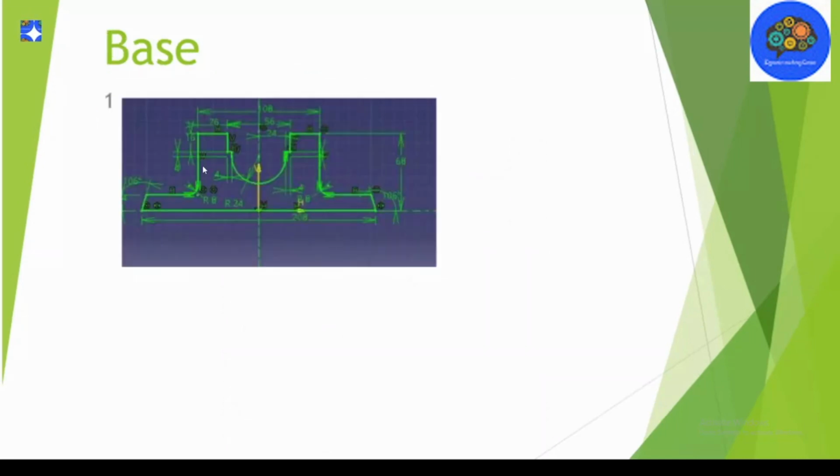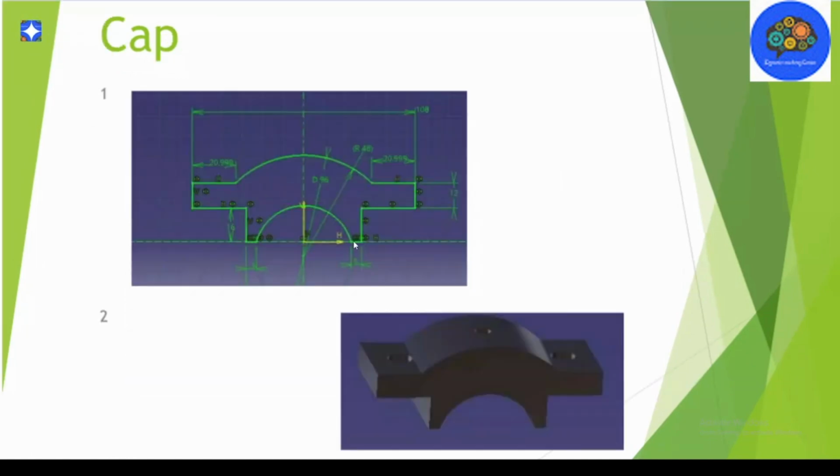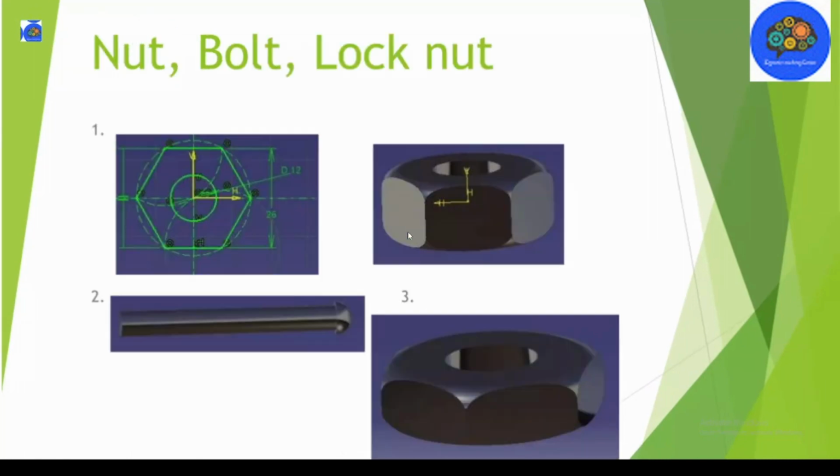Okay, the next thing, this is the base sketch for creating the bottom of the plumber block. Okay, and then this is the base which we have drawn. Okay, and then this is the cap, and then this is the nut, bolt and lock nut.